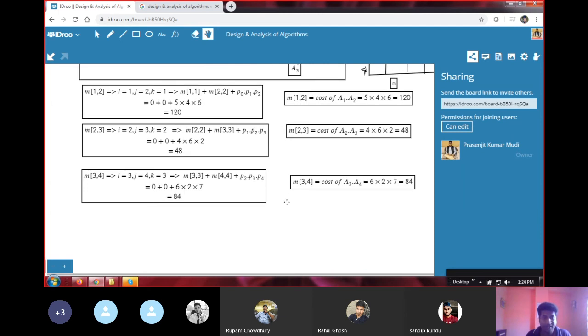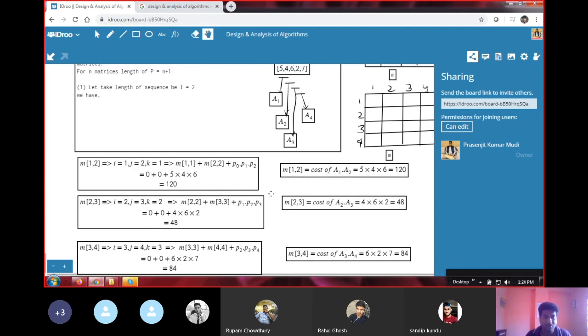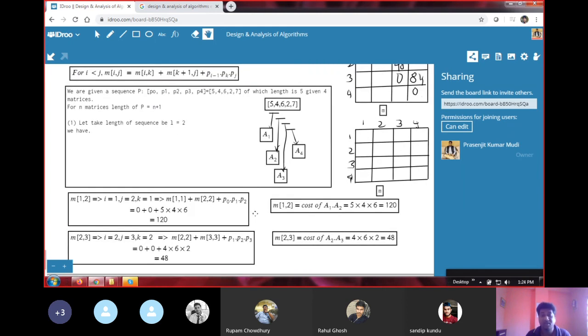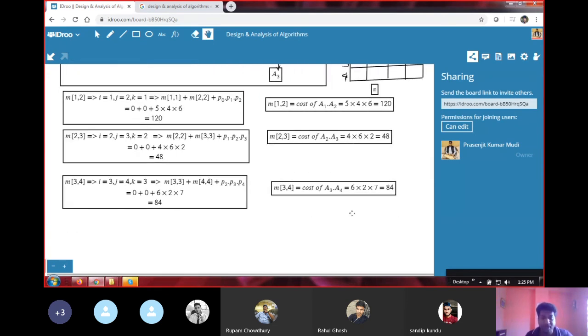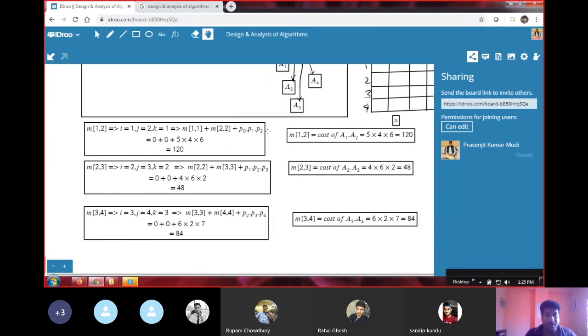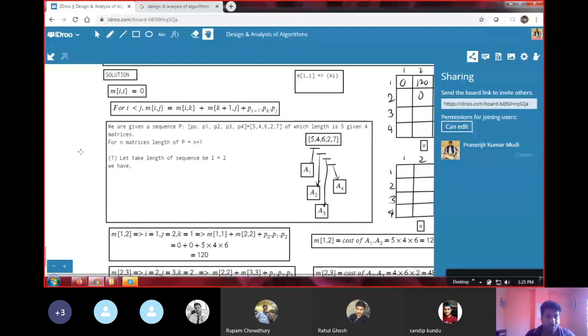Now obviously this formula has been made not for these simple values, but for a large number of matrix chains where n is very large, 100, 50. Okay, so in that case it will be very difficult to do hand calculation. Okay, so this is the iteration number 1, when we have taken length of 2.